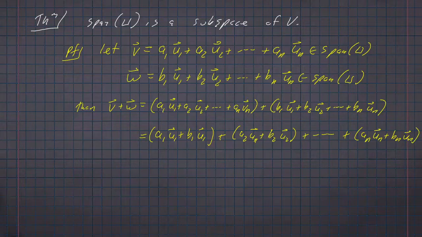Right? Using the commutative and associative properties of vector addition, we can drop the original parentheses, we can reorder everything, and we can introduce new parentheses.